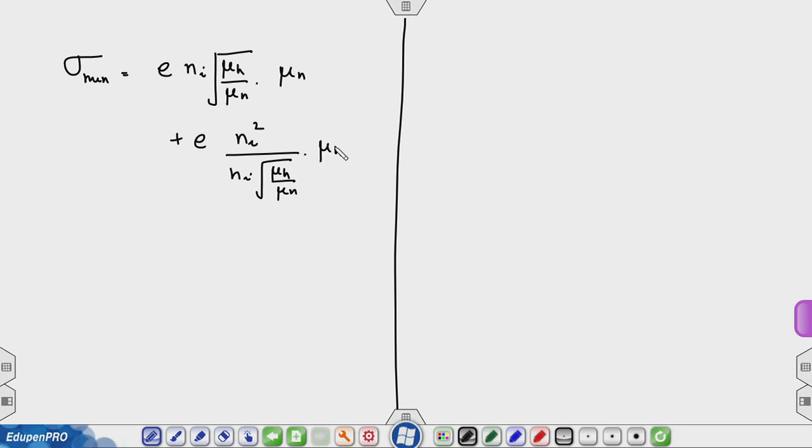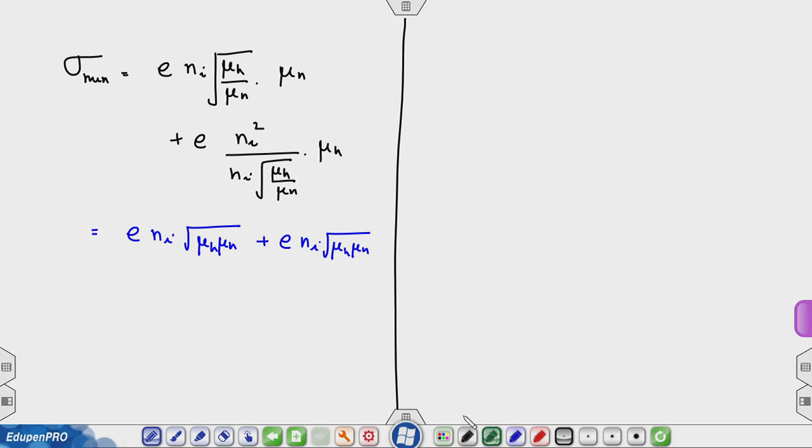That is the conductivity, and you plug in the numbers, you get e Ni square root of mu_h mu_n plus e Ni square root of mu_h mu_n.